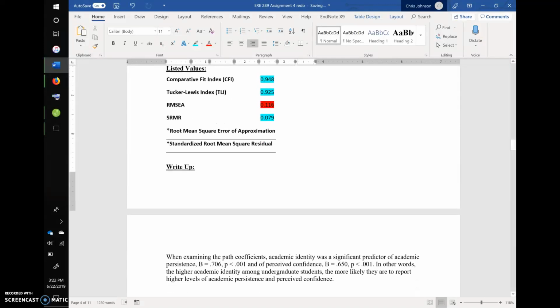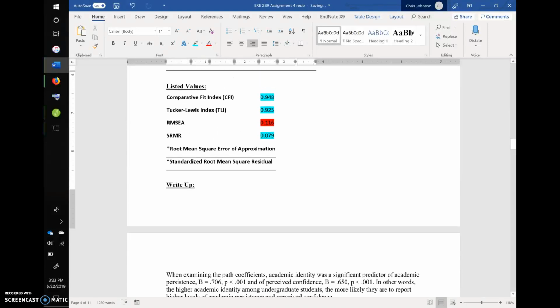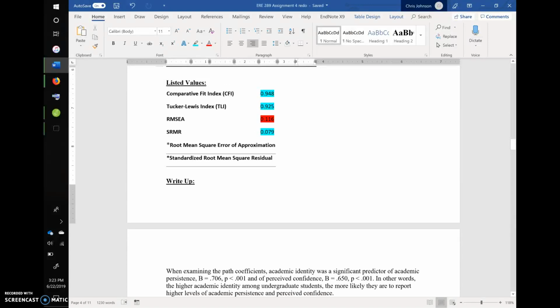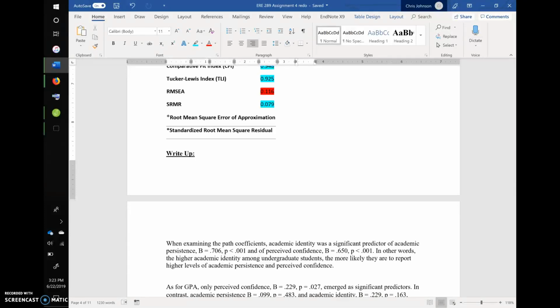The only thing that wasn't found to be fit was the root mean square error of approximation, which was above the 0.08 at 0.116. This is where I was having a hard time getting all of them to be a good fit. I wasn't sure if it has to be all of them or if one of them can be off, but our standardized root mean square residual was below the 0.08, just at 0.079.